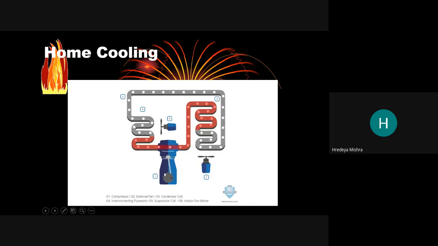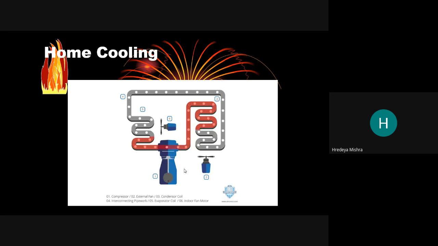So what happened here? See, there is a piston cylinder type of assembly. So what happened? This compresses the air. I already told you in our previous unit about the air compressor.